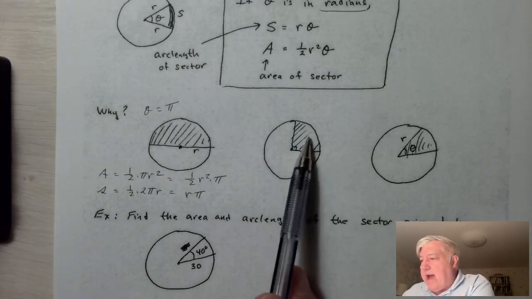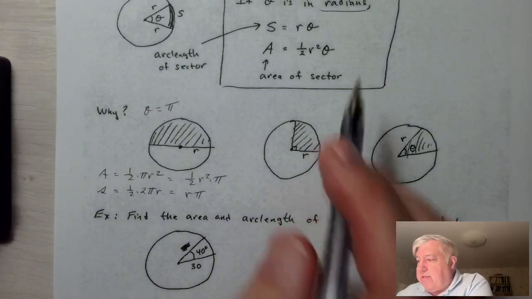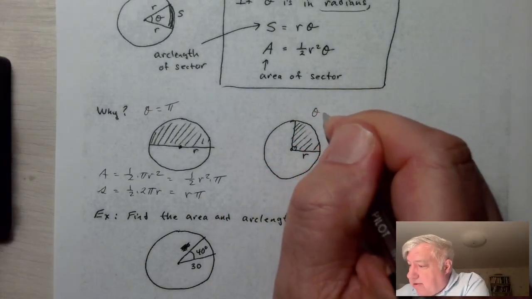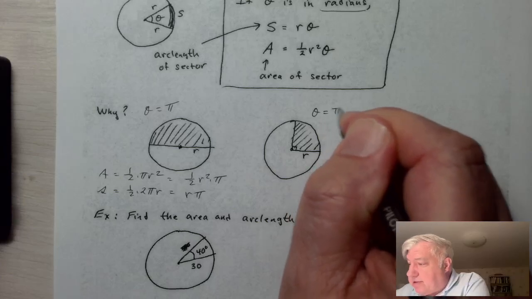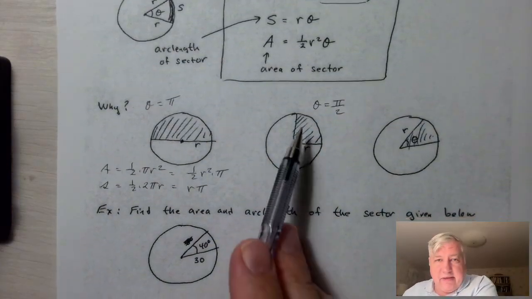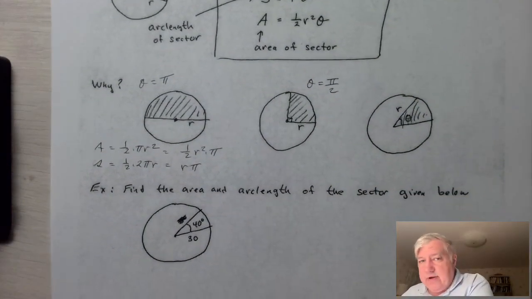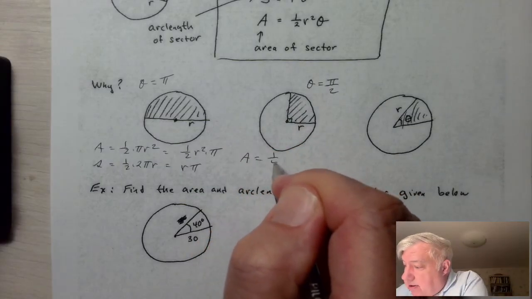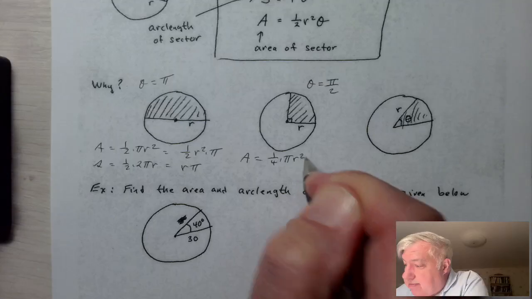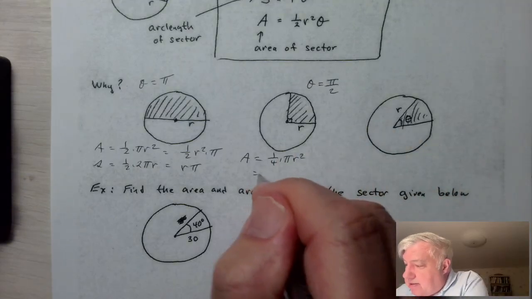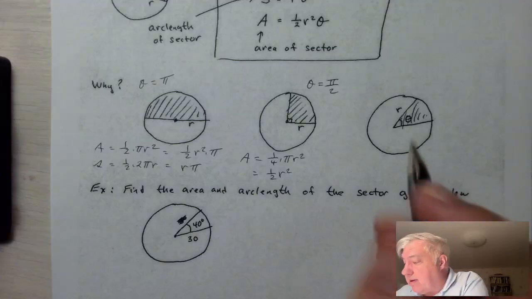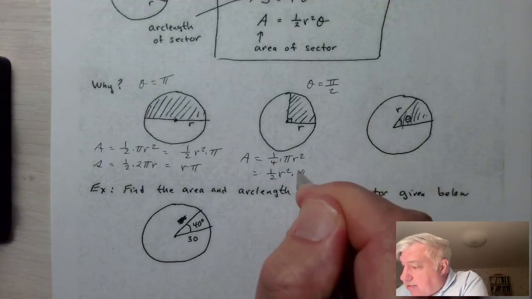And something similar happens when theta is pi over 4. Or actually pi over 2 in this case. Sorry, so I'm thinking this is 1/4 of the circle. So in this case, the area would be 1/4 times pi r squared, which is going to be the same thing as 1/2 r squared times pi over 2.